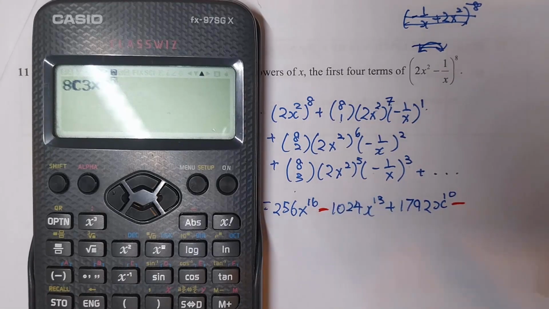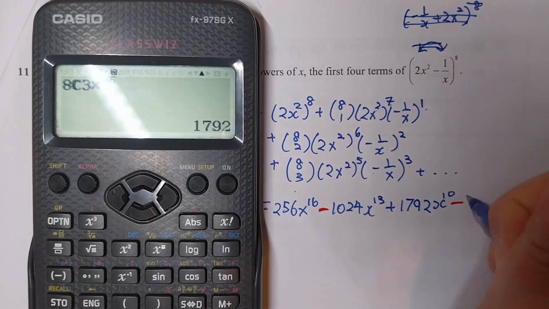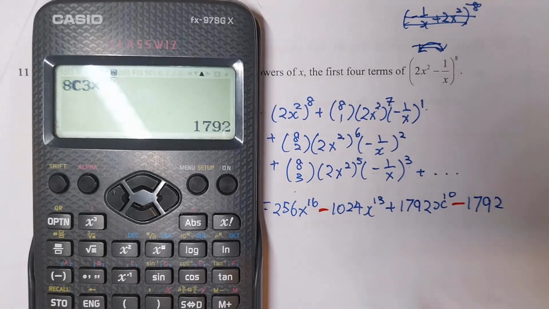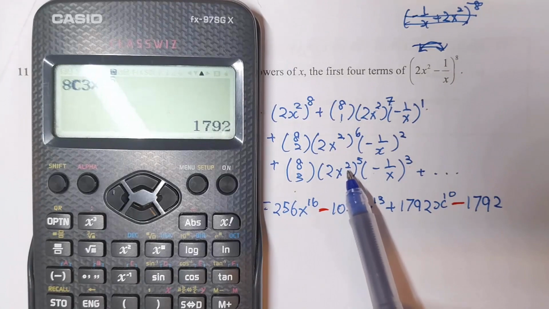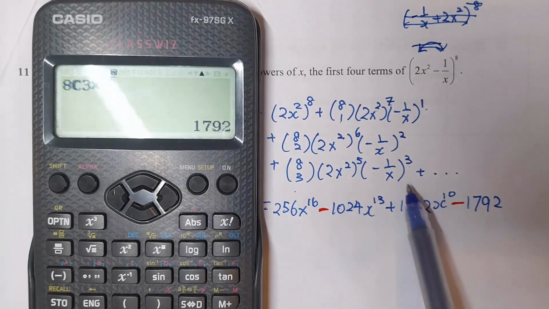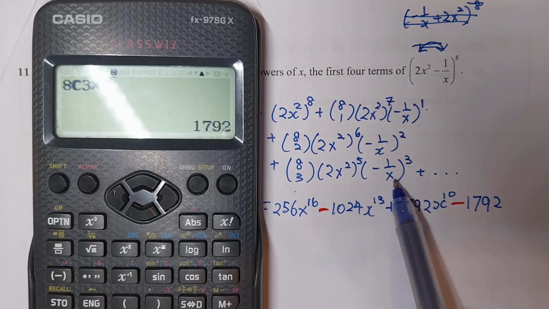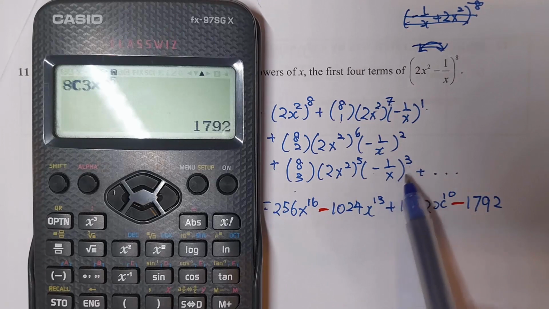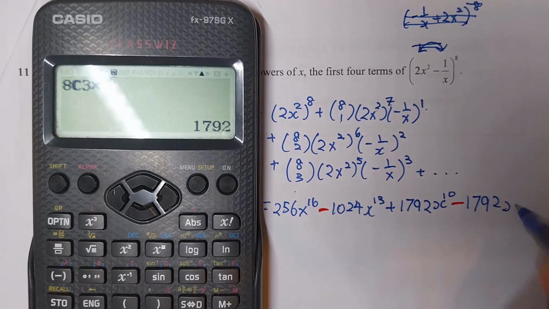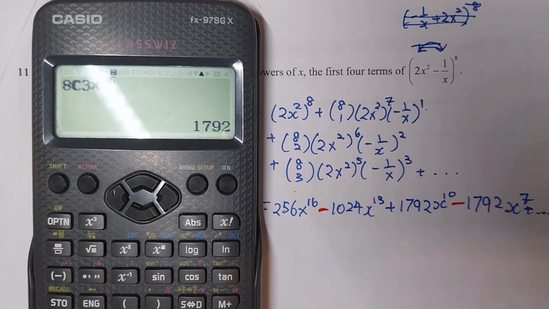And there are no more other constants that we need to multiply. And so this will be our coefficient, 1792. And using the law of indices, let's find the x power, which is 10 here, over x cubed. So we are left with power 7. And remember to put the dot dot dot.